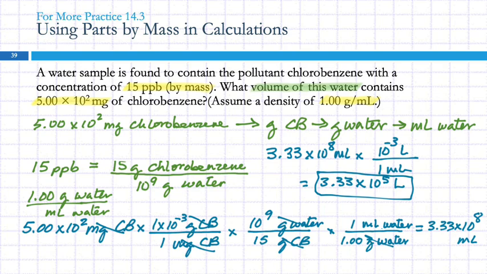Yeah, I counted wrong. So instead of telling my calculator to put this in scientific notation, I counted and I counted wrong. That was a 7. And this is a 7, which makes this a 4. So 3 times 10 to the 4th liters.